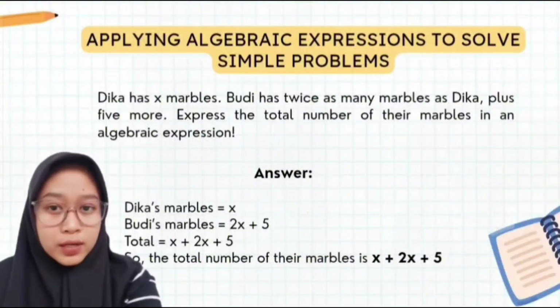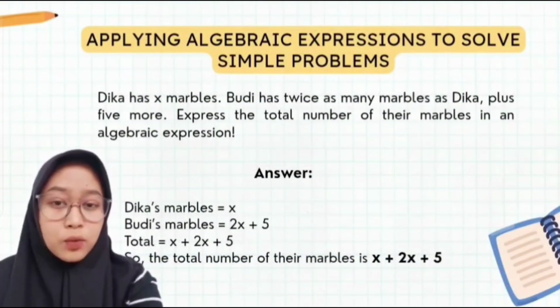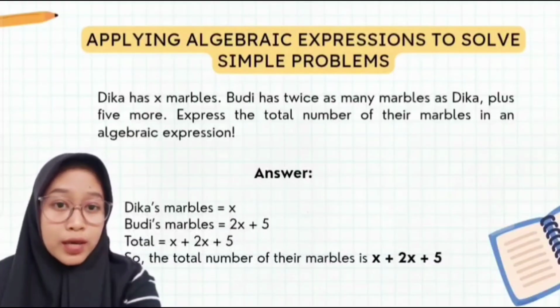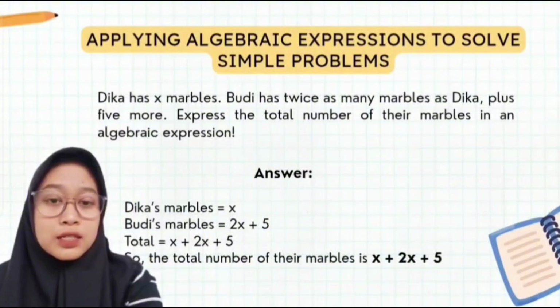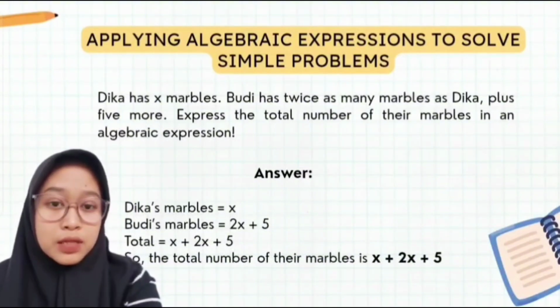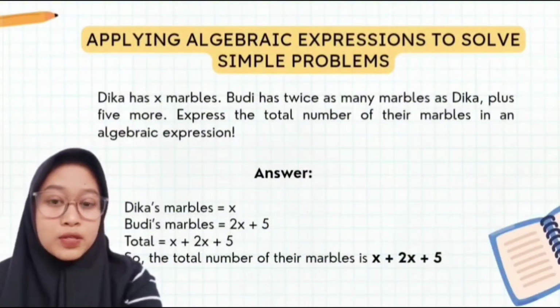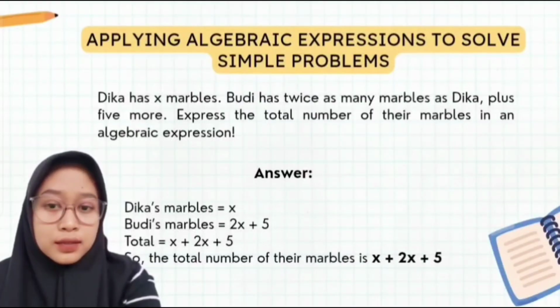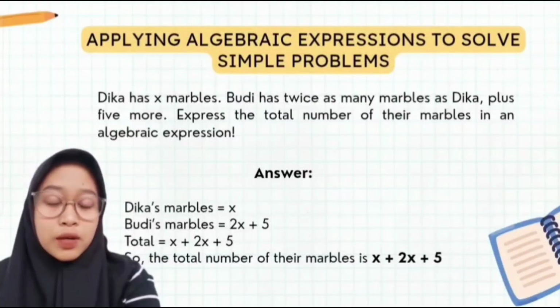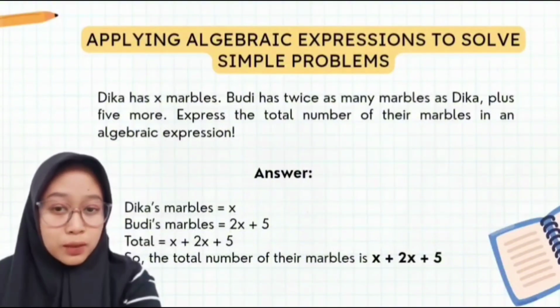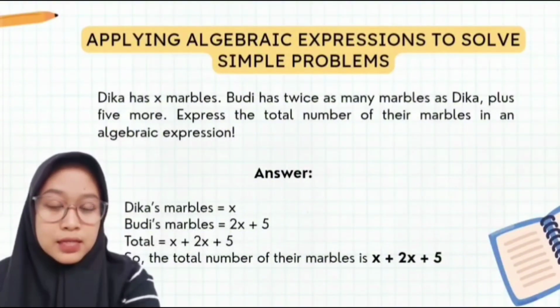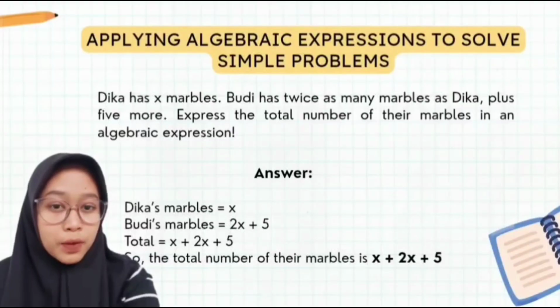So the answer: Dika's marbles is x, and Budi's marbles is 2x plus 5, because Budi has twice as many marbles as Dika, and plus 5 more, and we can add it. So the total number of Dika's marbles plus Budi's marbles is x plus 2x plus 5.